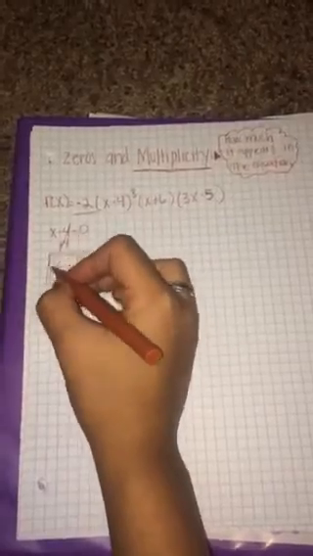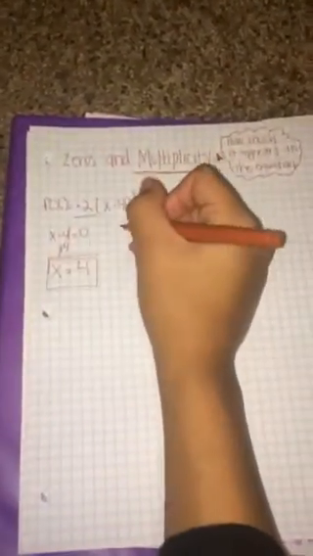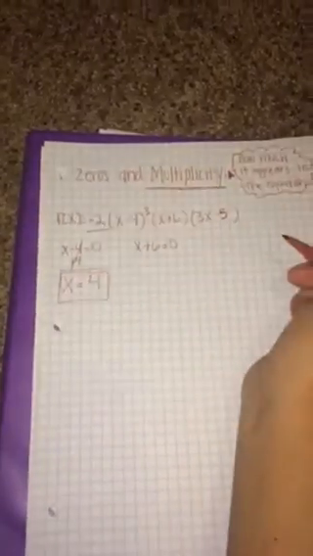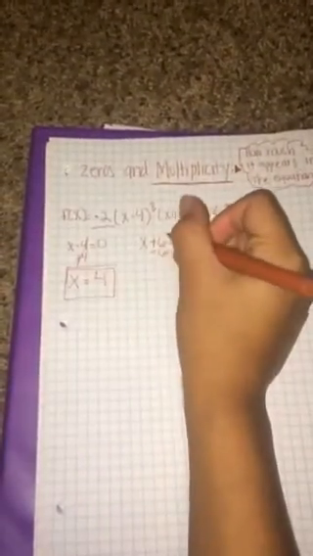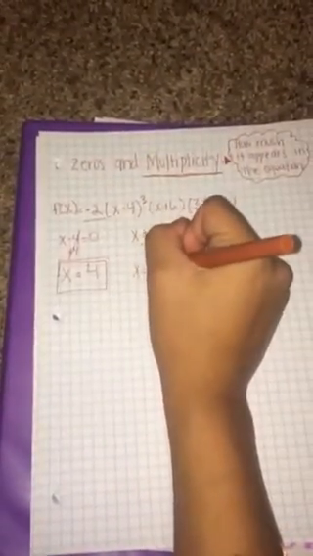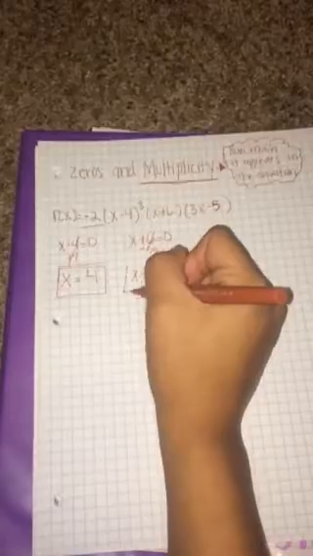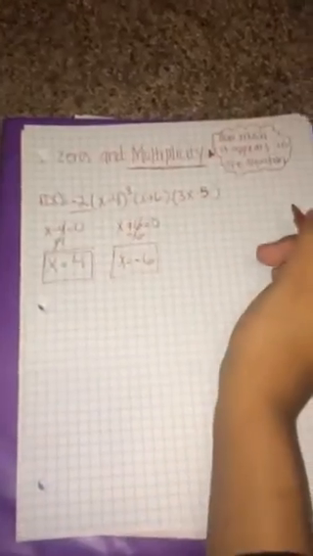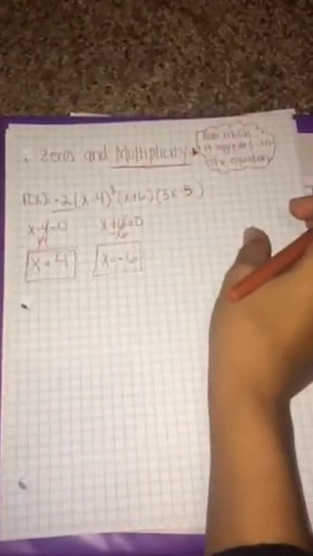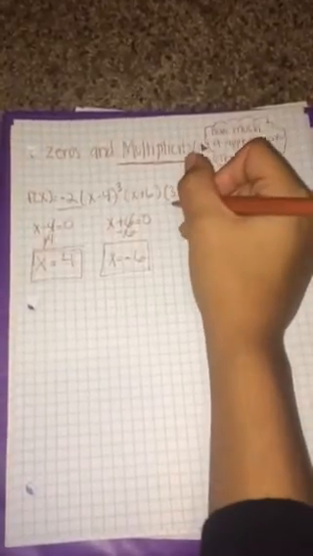That's our first zero. If we have x plus 6 set equal to 0, we have to take away the 6. So we get that x equals negative 6.